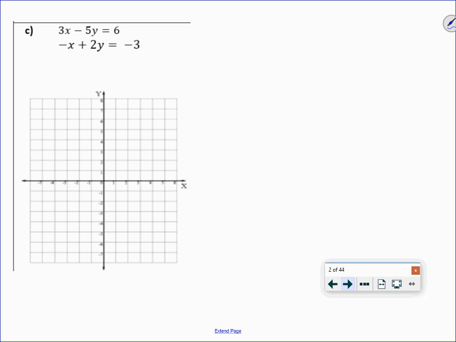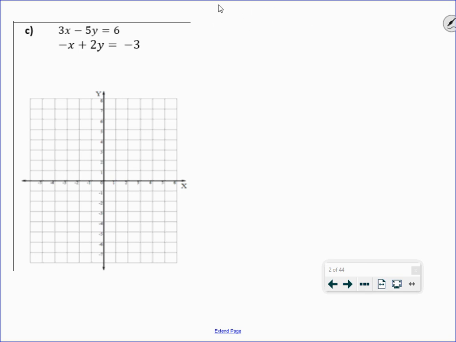For C, this problem's a little bit longer, and so there's a couple different ways we can attack this. If you know how to do the matrix algebra, you could do it that way in your calculator. If not, because they're both in general form, which is ax plus by equals c, I think the best route for me to go is going to be elimination.